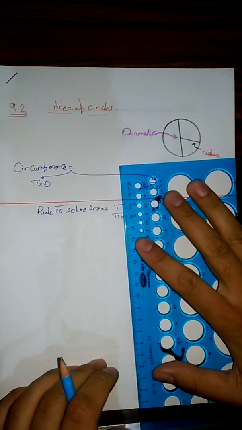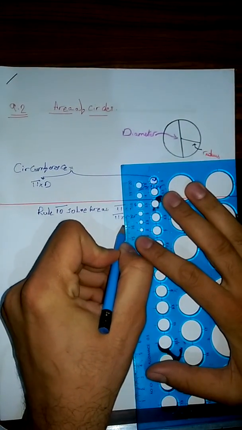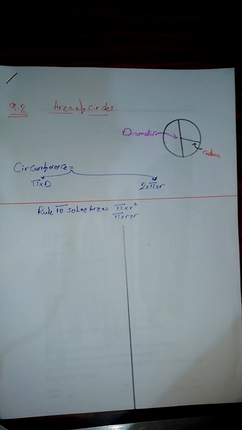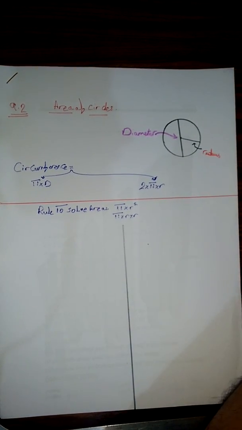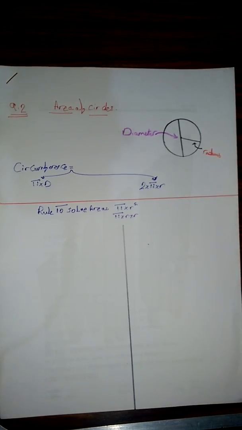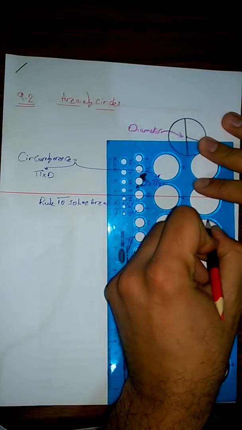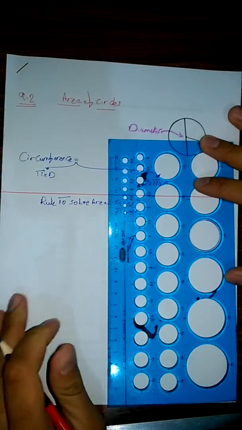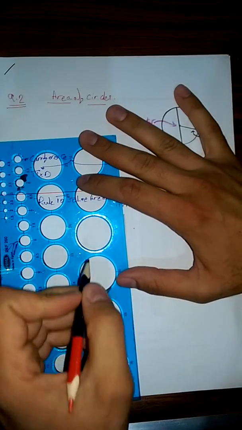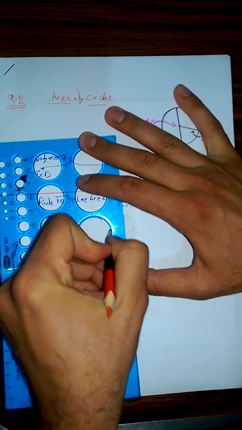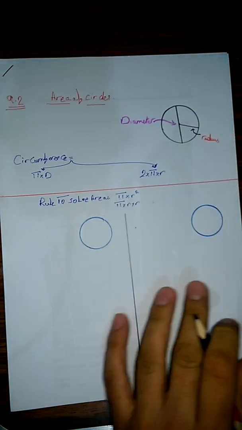We can be given one of two examples. Either we can have a circle that gives us a radius. Okay, let's do a circle like this, and another one like this, and we're going to start working.